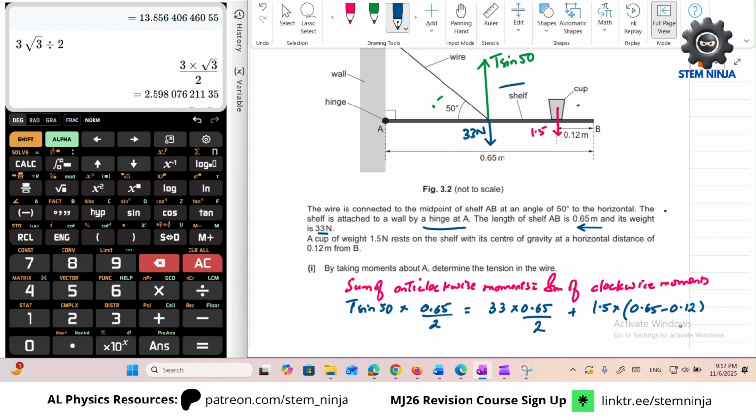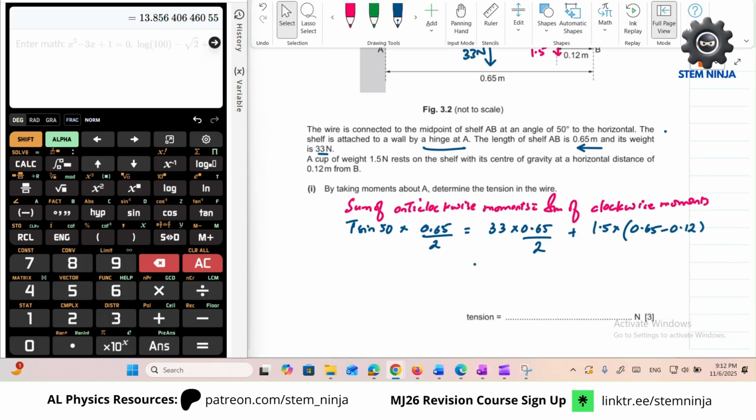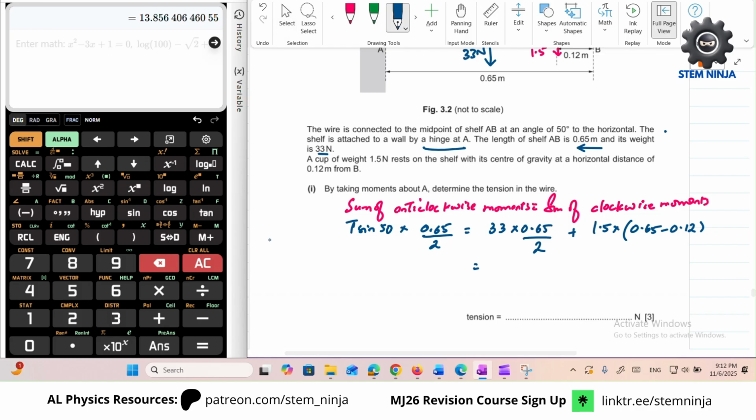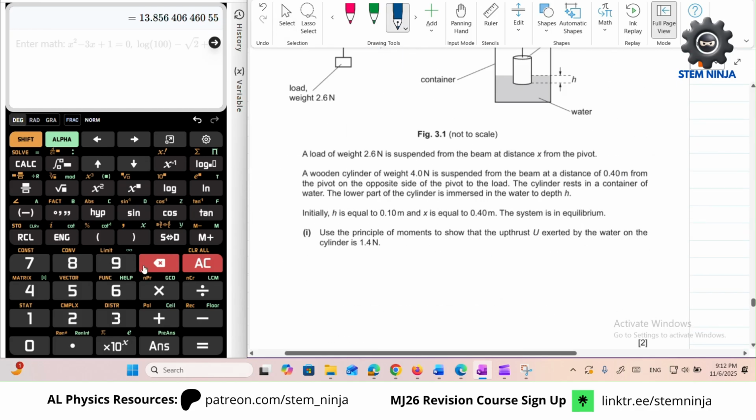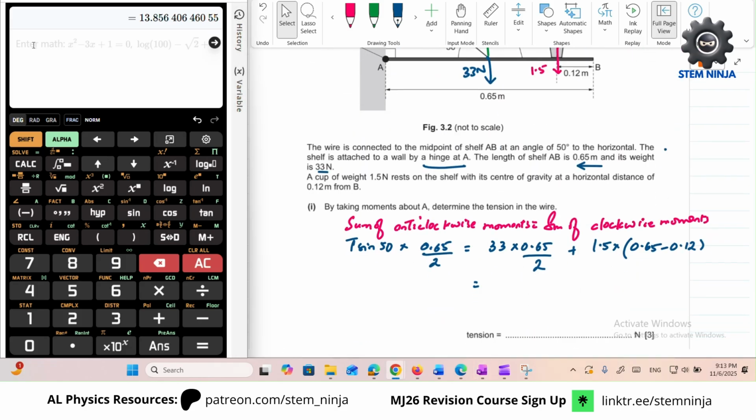Anything missing? Okay. So first we calculate this: 33 times 0.65 divided by 2, plus 1.5 times 0.65 minus 0.12.